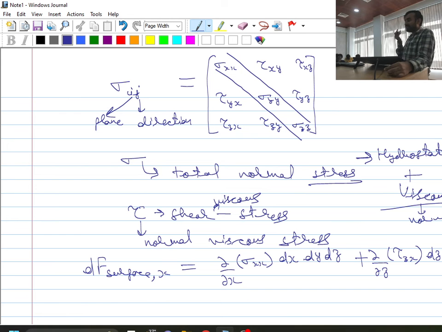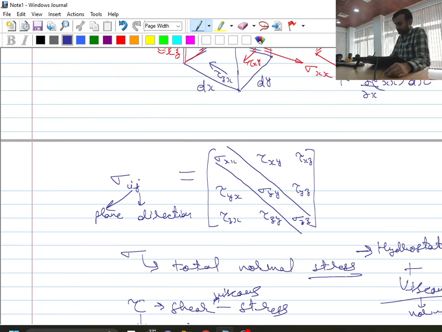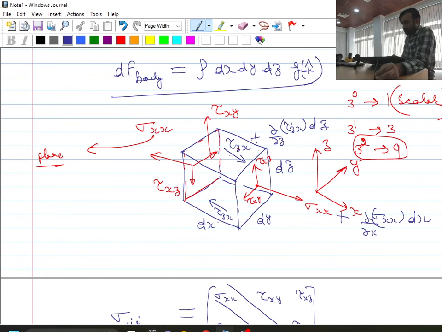Then what else will I have? Now I have a y plane. On this y plane also I can have some shear stress in the x direction. Normal to this is the y plane. Can I have some shear stress on this plane in the x direction?